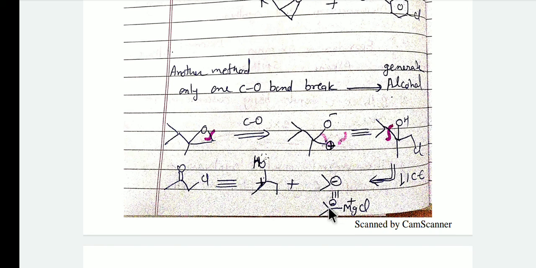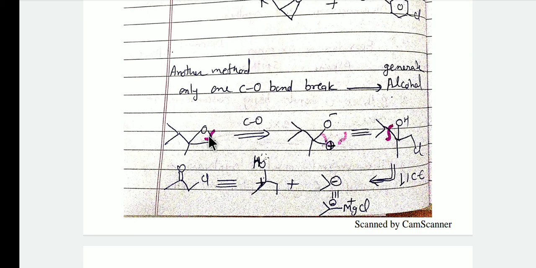Here this is the structure of the Grignard reagent, and the positive synthon is generated by the addition of the negative atom at the positive end. So we add Cl at this positively charged carbon atom and get the synthetic equivalent. So this compound and this compound are the starting materials for the synthesis of our target molecule.